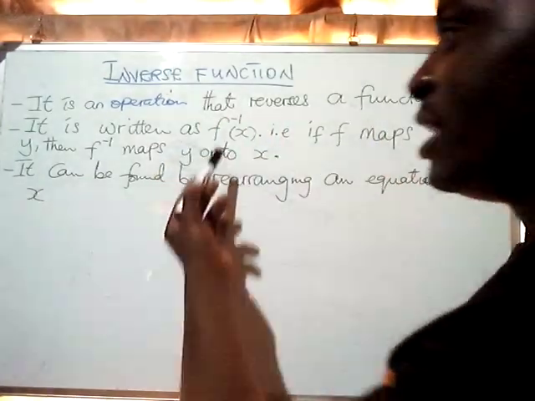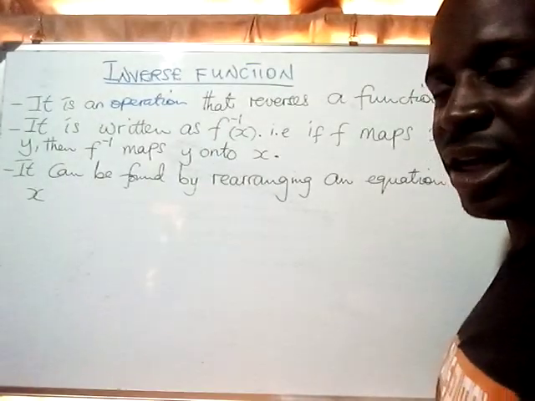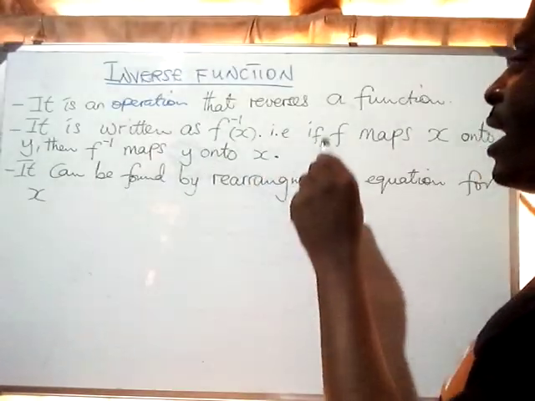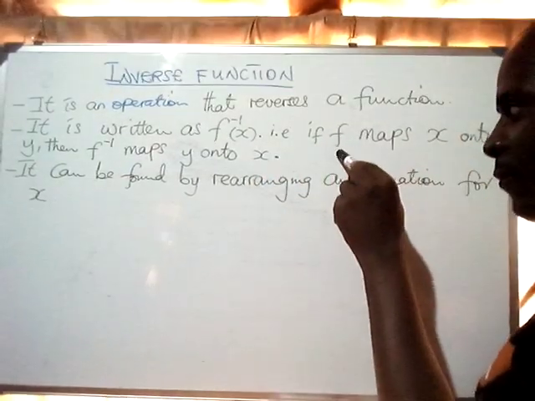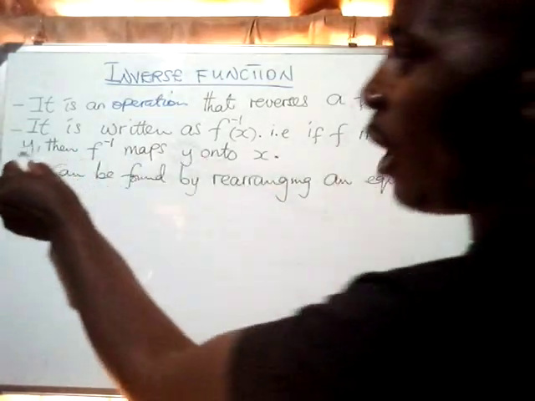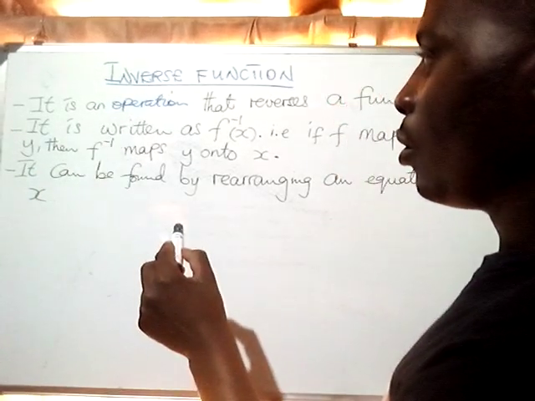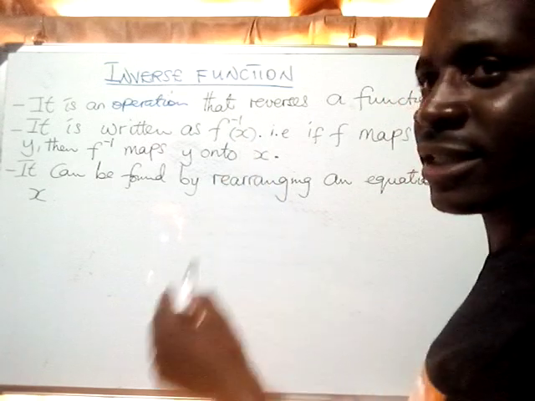It is written as f to the power negative 1 of x. That is, if f maps x onto y, then the inverse maps y onto x.